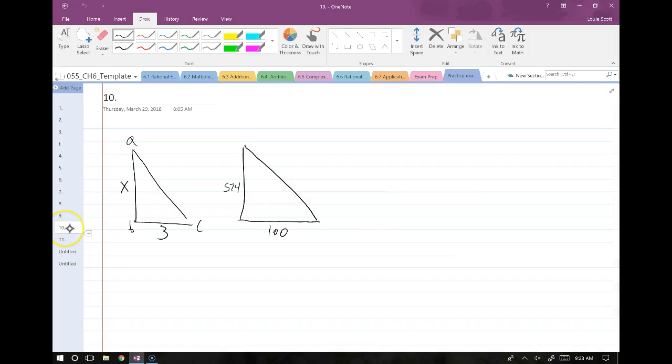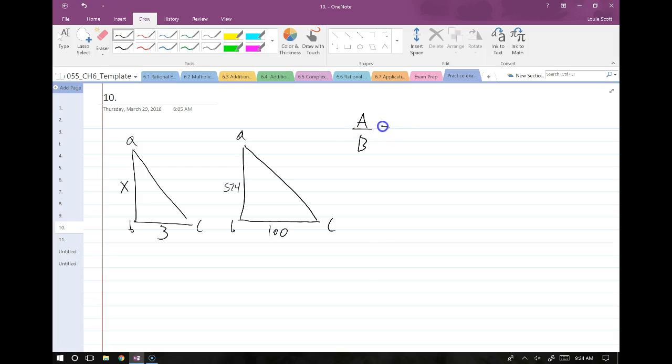Okay, moving on. Similar triangles. So we assume these triangles are similar. Here, I need to actually fill these in a little bit. A, B, and C. There we go. That says these have the same angles, which means they're similar. Similar triangles are proportionate.